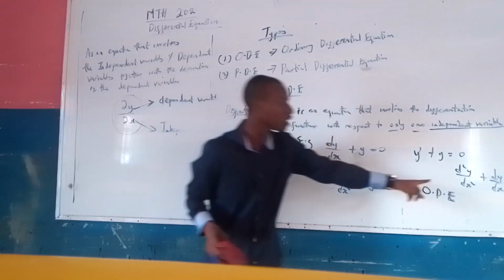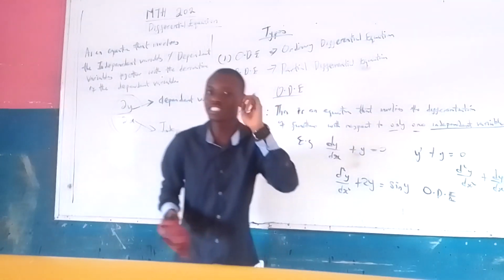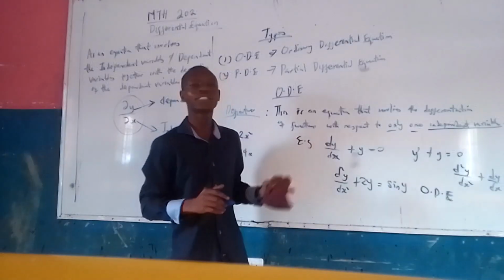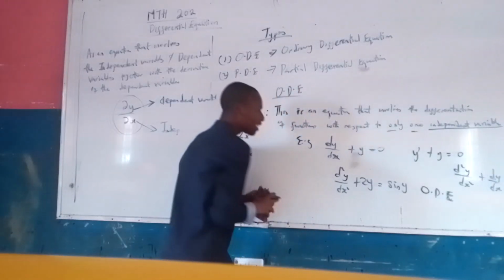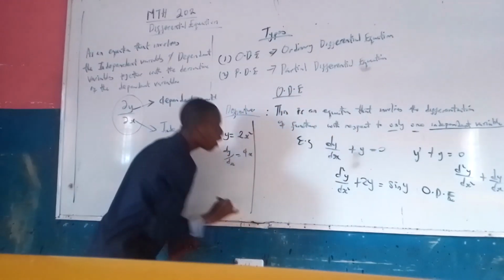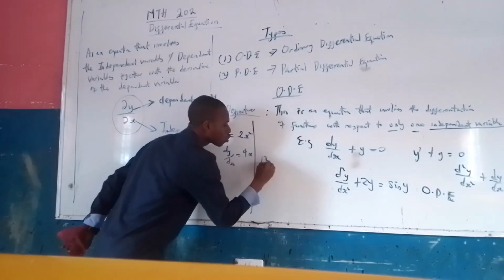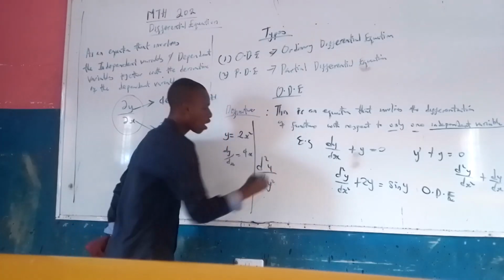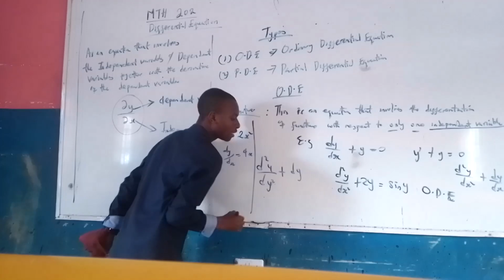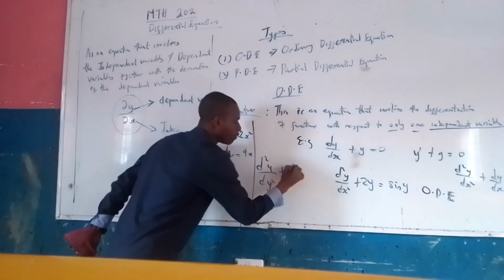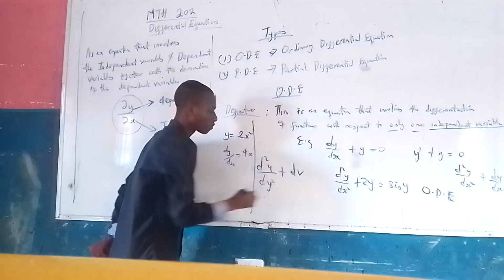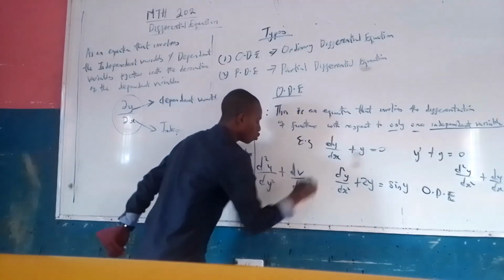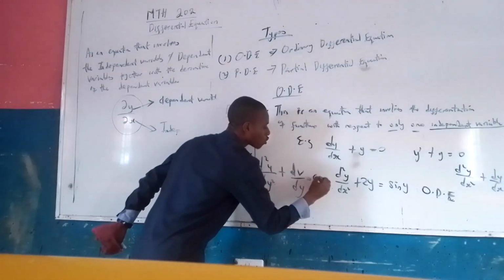So far, it is with respect to a single independent variable, then I can still say it's an ODE. Lastly, I can change it again and say, what about if it is d squared u/dy squared plus du/dy is equal to cos u.